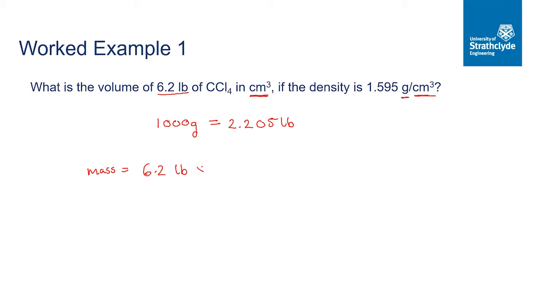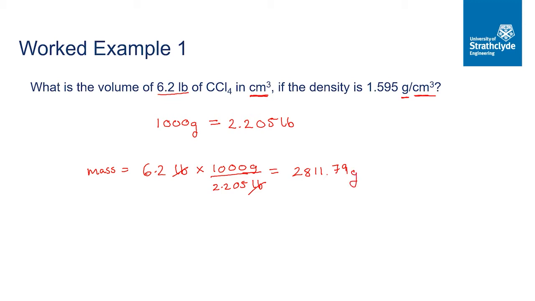So we multiply by 1,000 divided by 2.205, because that is 1,000 grams per 2.205 pounds. If we cancel out our units of pounds, we end up with 2,811.79 grams.